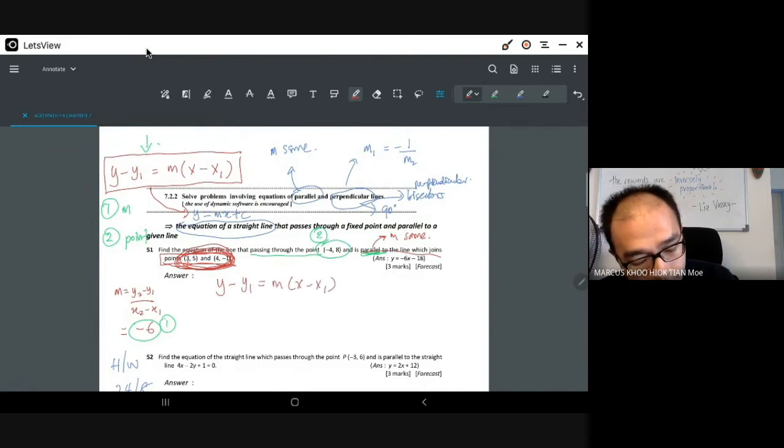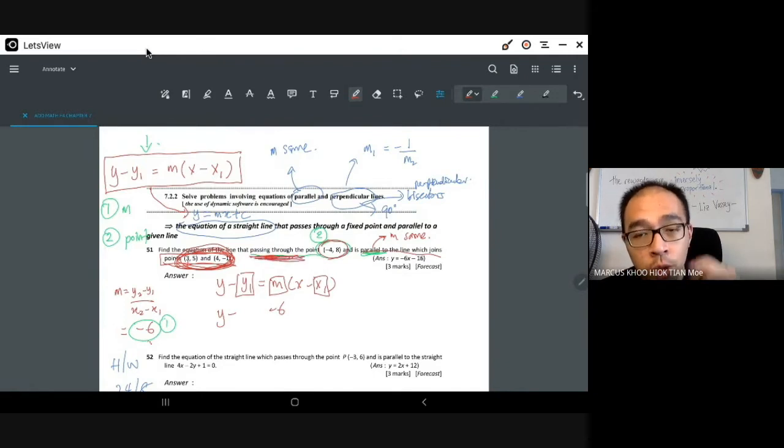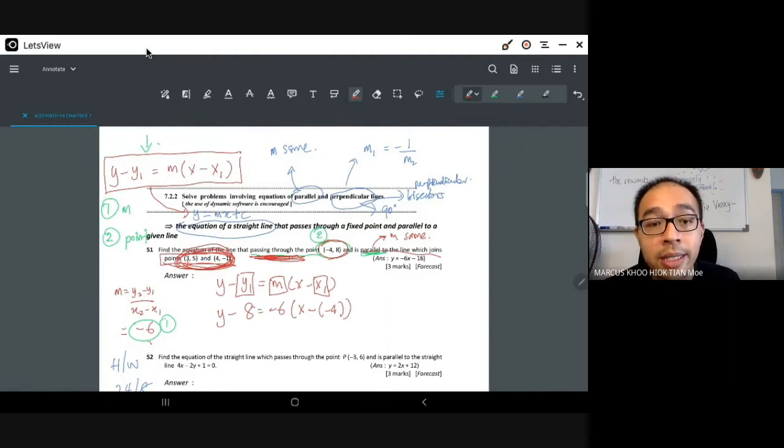We use this gradient, -6. How do I put in the y1 and x1? I use the point that says passing through the point, so we always go with that point. The y is 8 and the x is -4. So y minus 8 equals -6 times (x minus -4).